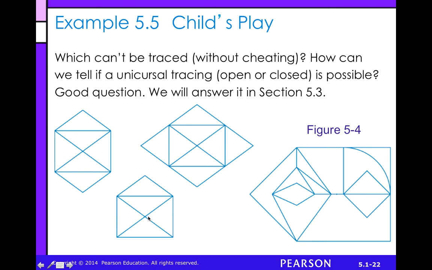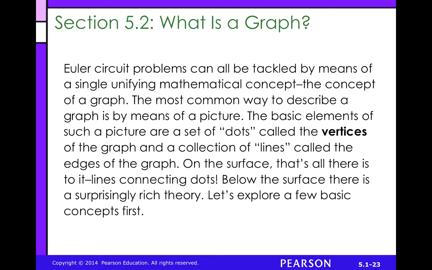This one I don't think we can. And this one I don't think you can either. Okay, but the question is, well, how would you know that? How would you know which things you could trace without cheating, without lifting your pencil or retracing something? So it's hard to know unless you have tools to answer a question like that. So that's section 5.1. Those are the kinds of questions that we will answer.